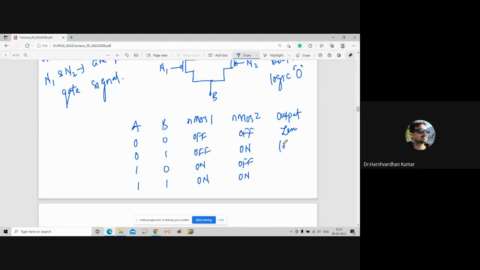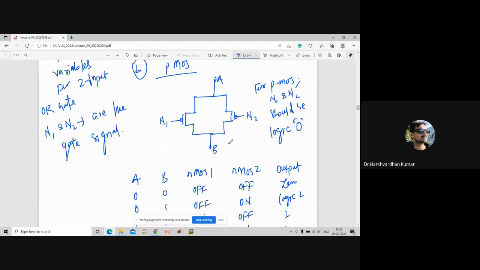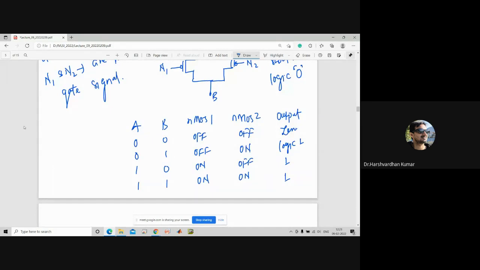Let us say this is logic 1, 1, and 1. Because the transistors are connected in parallel, we know very well that the voltage remains the same. Let us consider the circuit here.